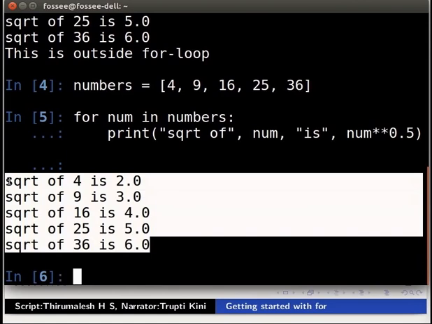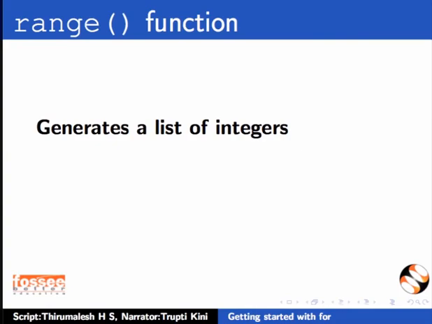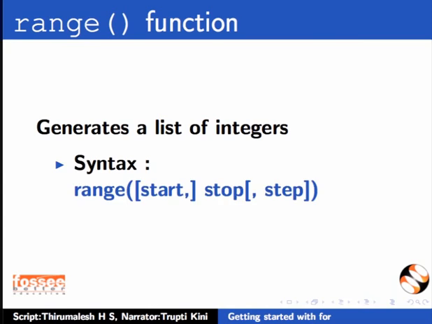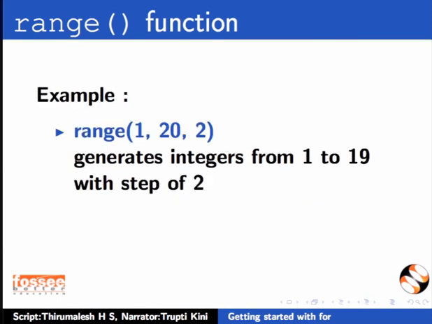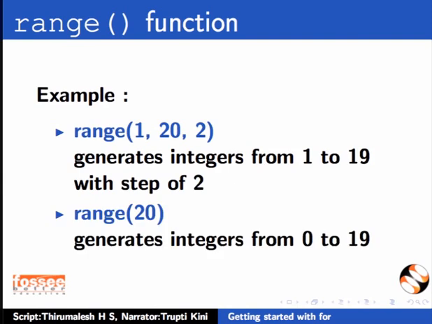Now we have finished the statements in the block, but still the interpreter is showing 3 dots. This means that you are still inside the block. To exit from the block, press enter key twice without entering anything else. It printed the square root of each number in the list, which was executed in the for loop.